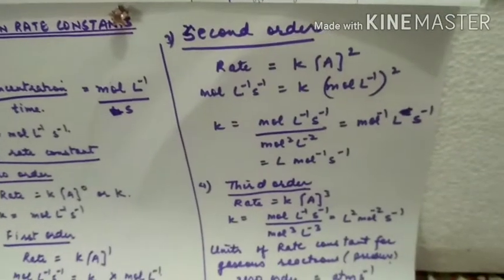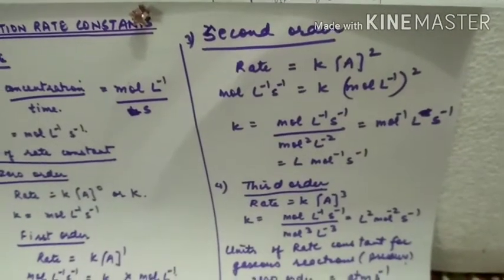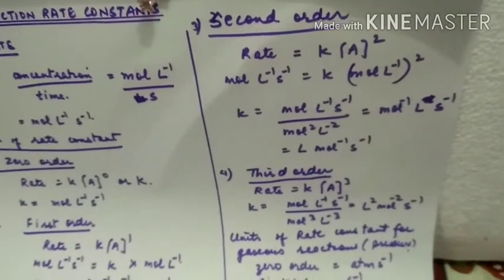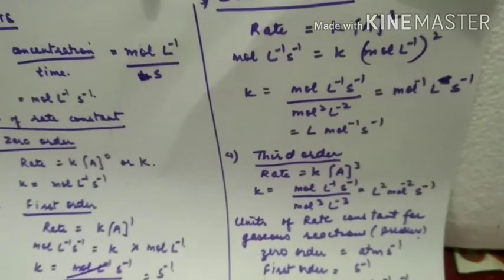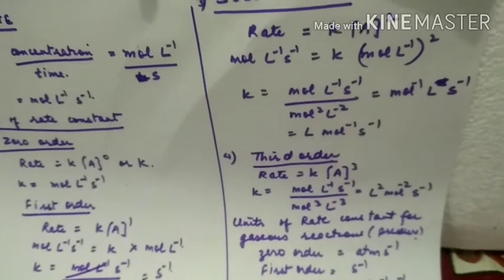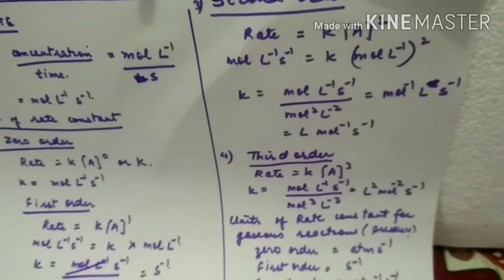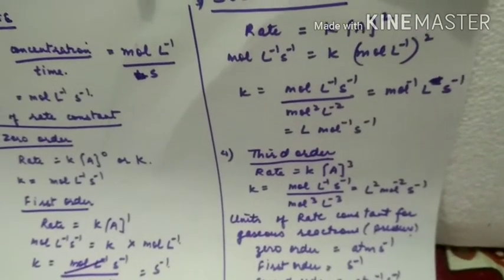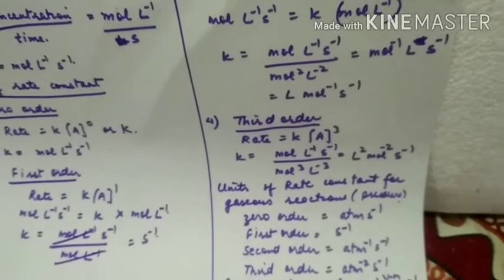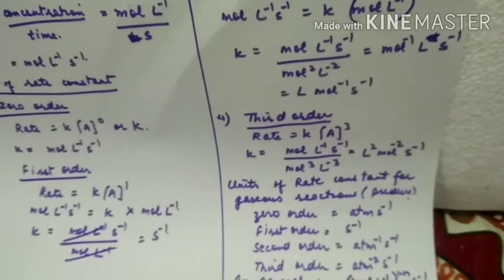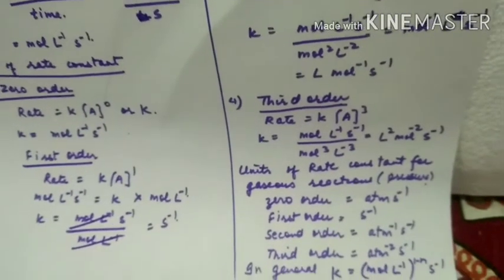In second order reaction, rate is equal to K into A raised to power 2. So units will be mole, liter inverse, second inverse upon mole raised to power 2, liter raised to power minus 2. On solving we get mole inverse, liter, second inverse, or liter, mole inverse, second inverse.